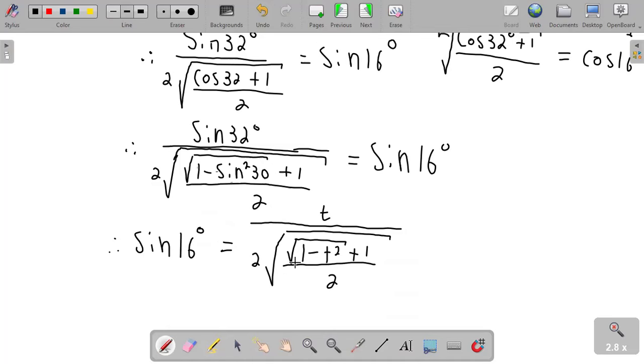There we have t. Yes, we just substitute everything else there by t. We just substitute wherever we see sine 32, okay, because that's what they told us.